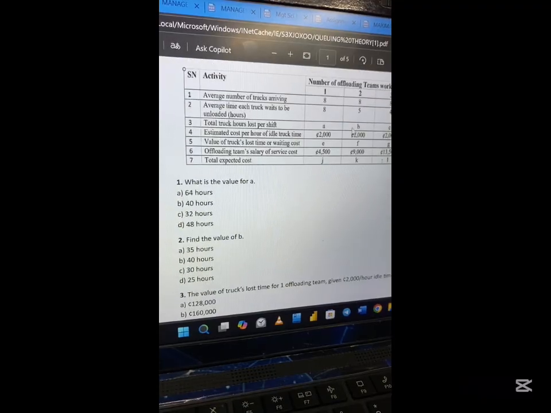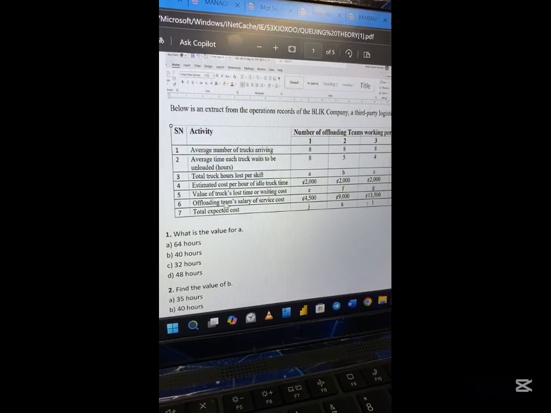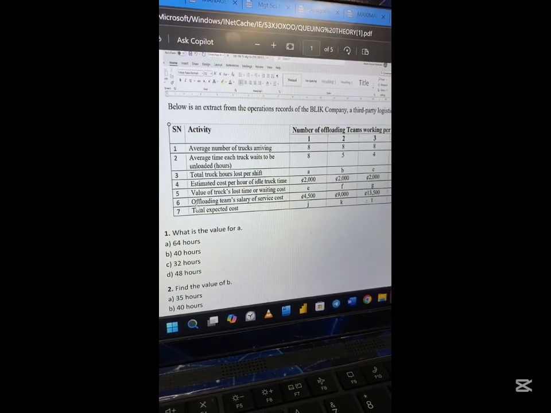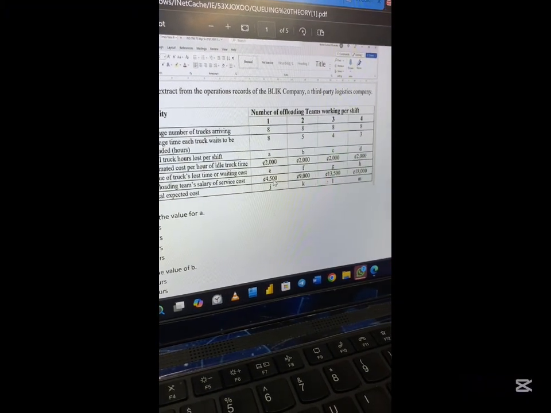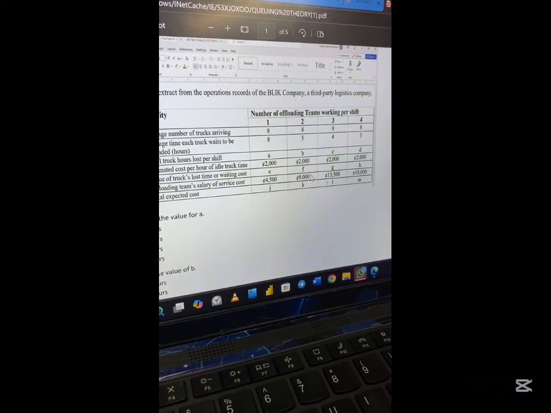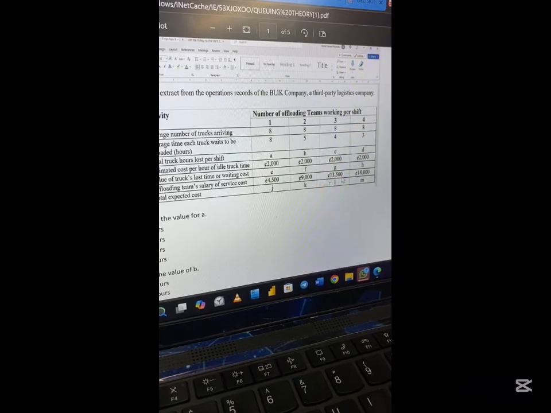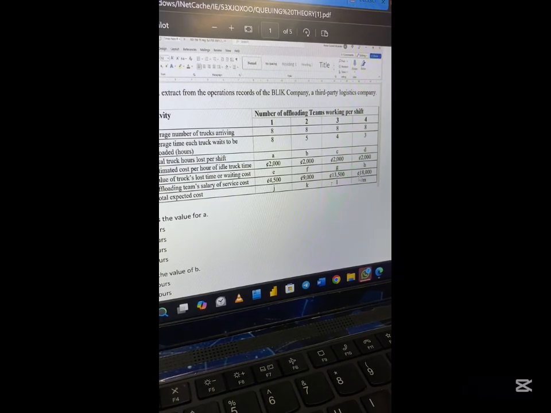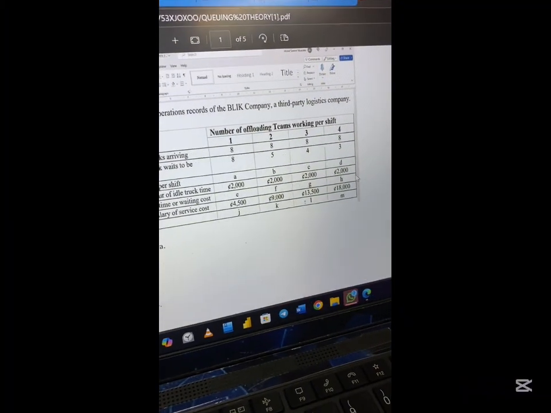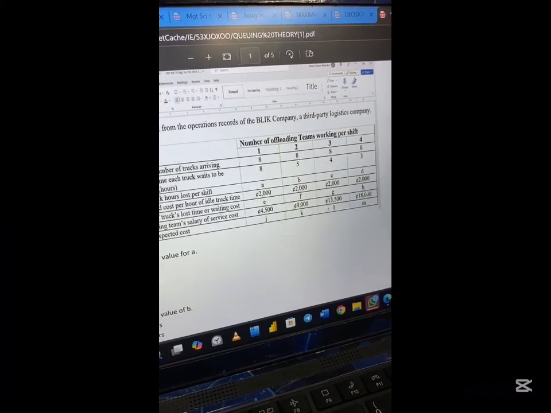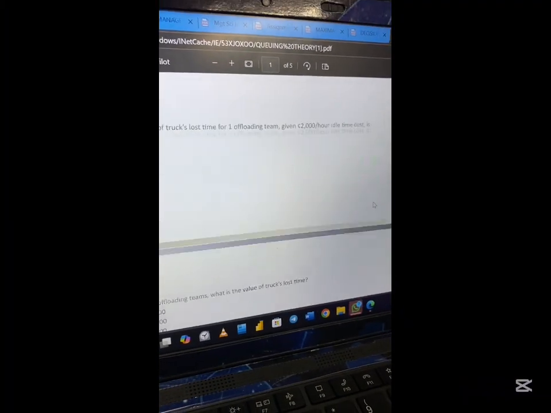If we come to the table, the salary is provided in column 6, and for 1 team the salary is 4,500, 2 teams is 9,000, 3 teams is 13,500, and 4 teams is 18,000. So the team with the highest salary is 4 teams, which is 18,000.